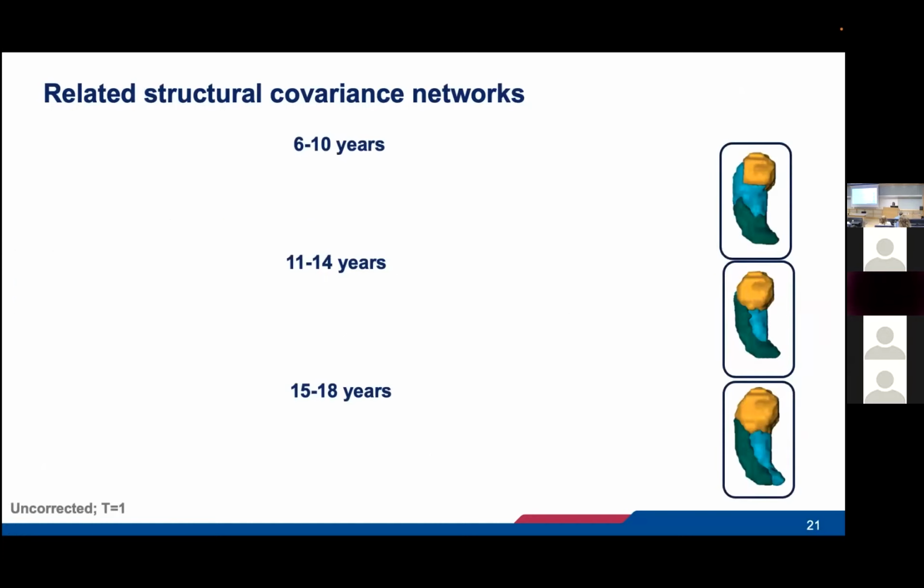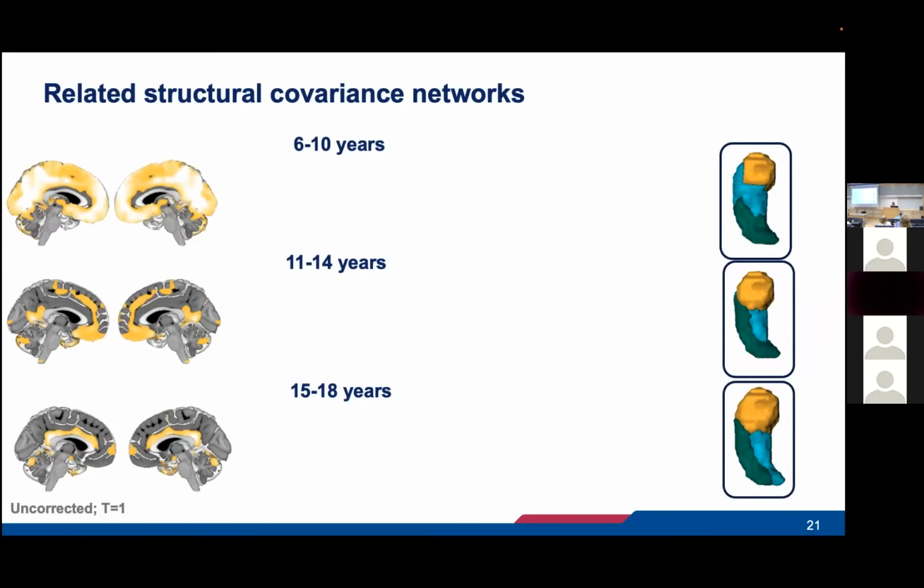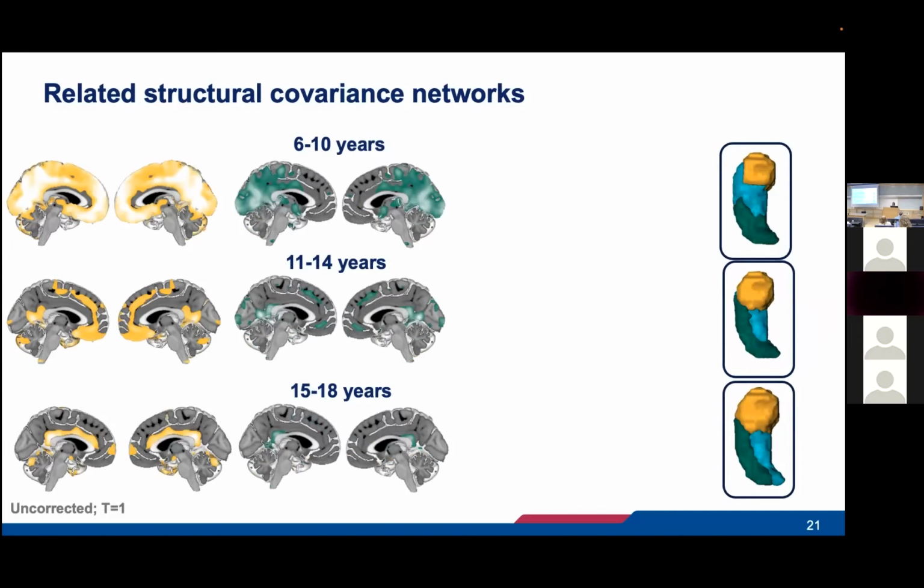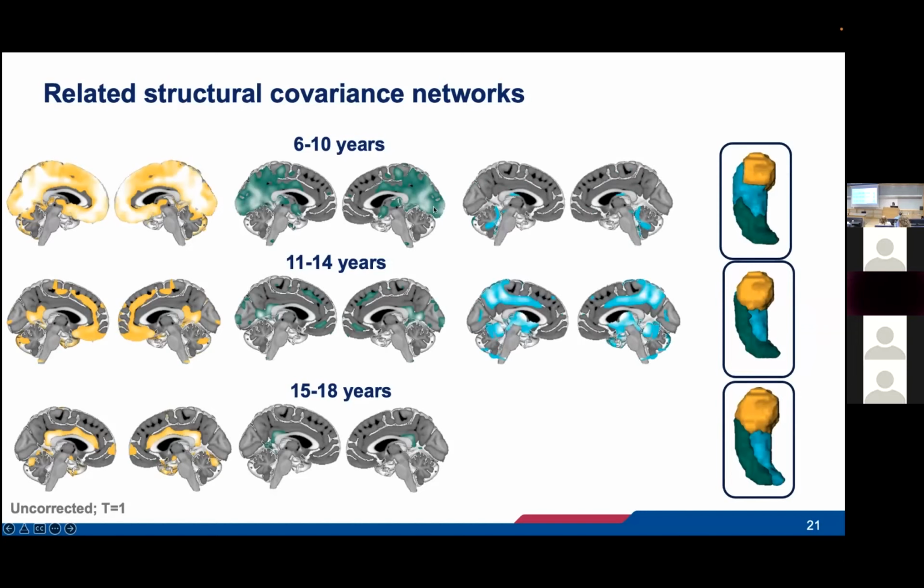If we look into the underlying structural covariance networks, then we see that in late childhood, the anterior network is expanding. What we see for the green cluster is that only in childhood it seems to be expanded, especially in the posterior brain. And if we go to the blue network, then we see that it's actually expanding with higher age.